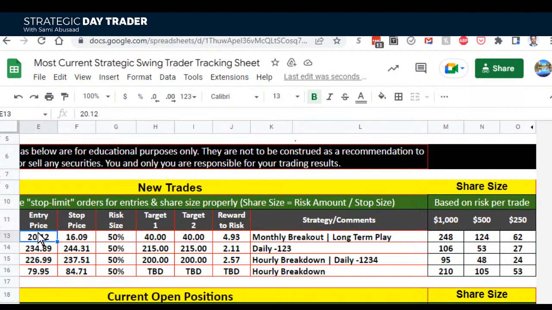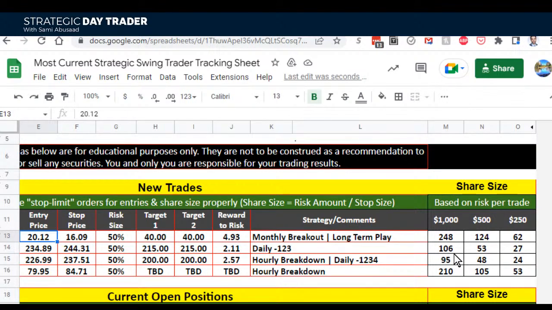Can you see the entry price? Yeah, you can. It was $20.12, and the total shares are 248. Well, 250 shares times $20 is $5,000.